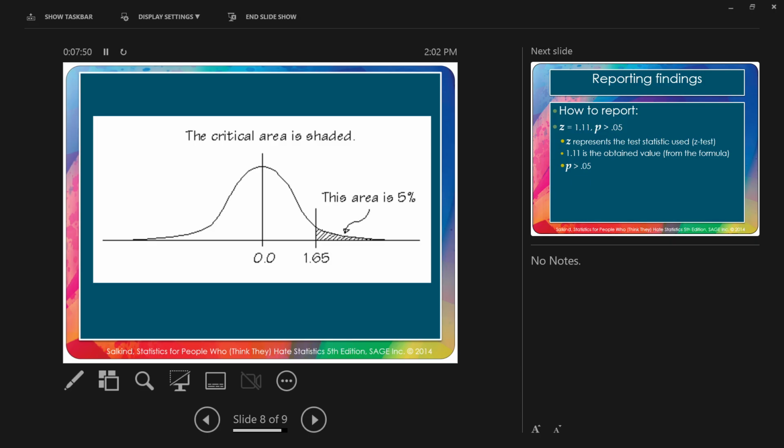And it's positive because we indicated that our sample would have higher scores than the population. And that's what this would look like as a visual representation. This is the area of the curve beyond positive 1.65, and it represents a 5% chance of occurring.